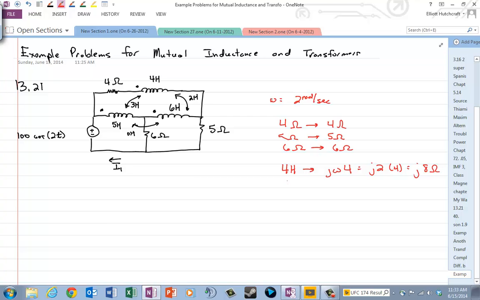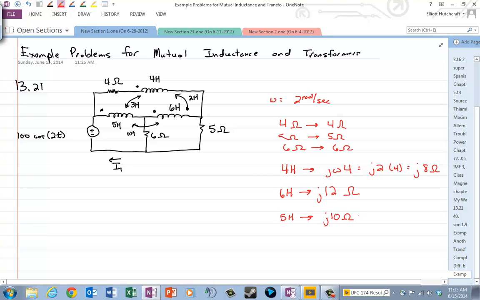And the others follow similarly. So the 6 Henry goes to 6 times 2 is j12 ohms. And we have the 5 Henry is going to go to j10 ohms.